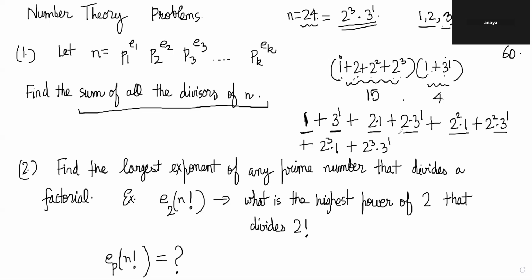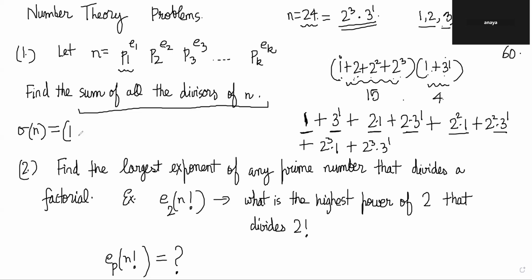So basically, what we are saying is that if you want to do the sum of all the possible factors, let's call it sigma n, you can do it by multiplying all the prime numbers raised to the power e1, starting from 0.